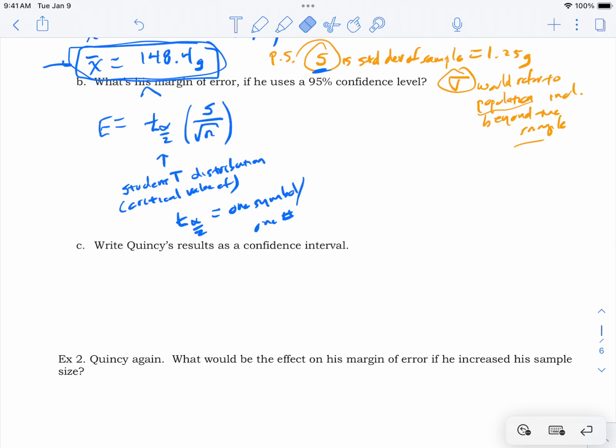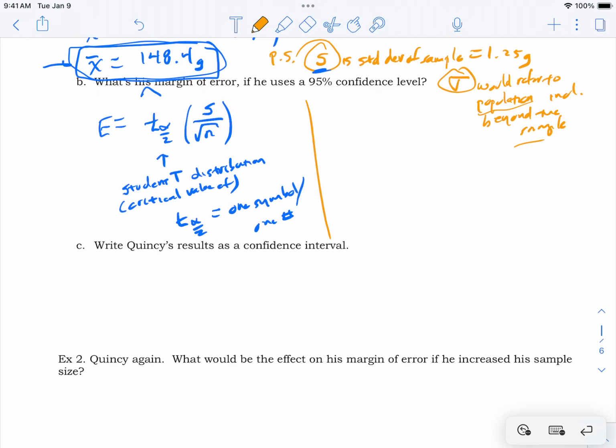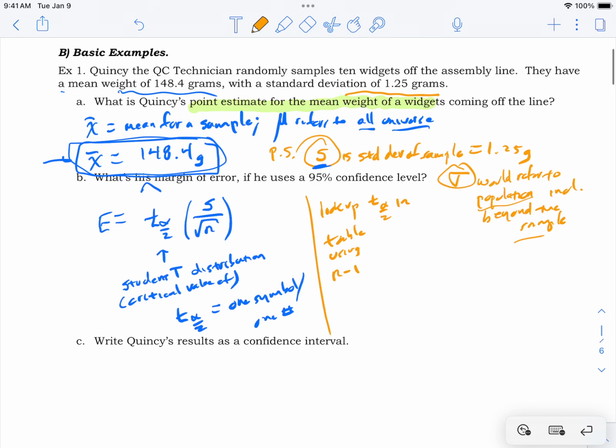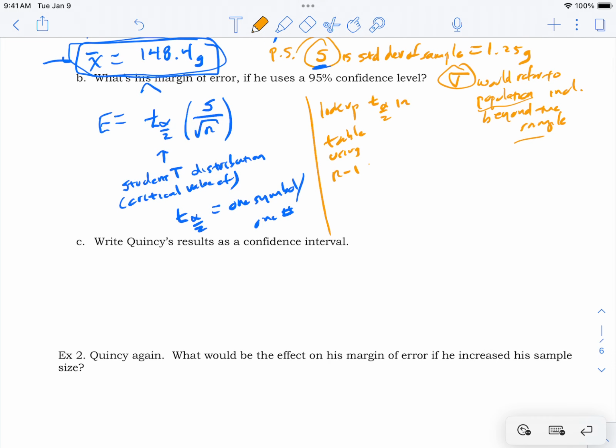Where do you get T alpha over 2? You get it from that table at the end. Look up T alpha over 2 in the table. Now what was the sample size anyway? There it is, 10 widgets. He sampled 10 widgets.